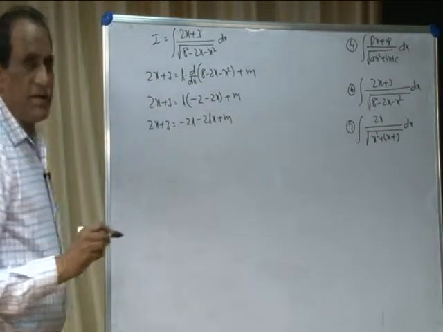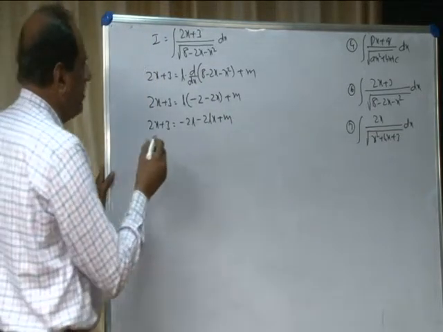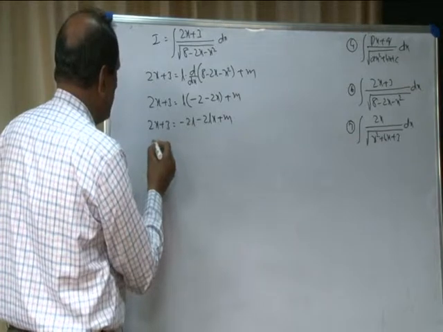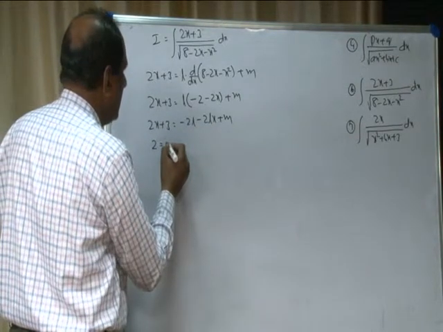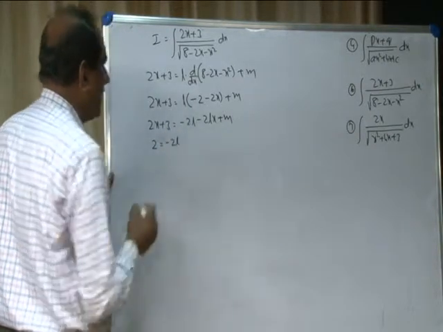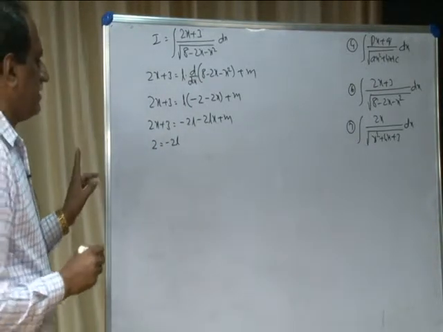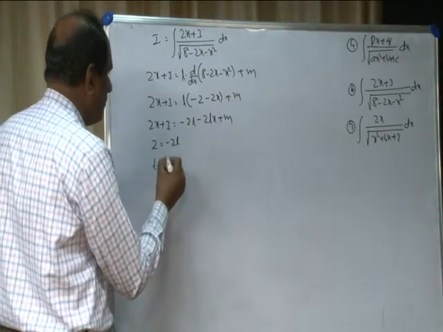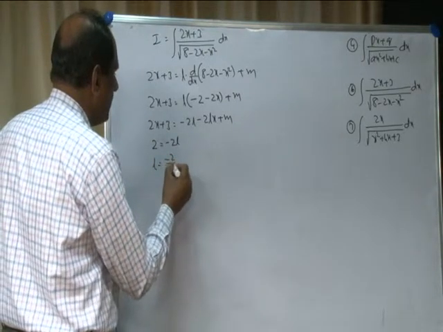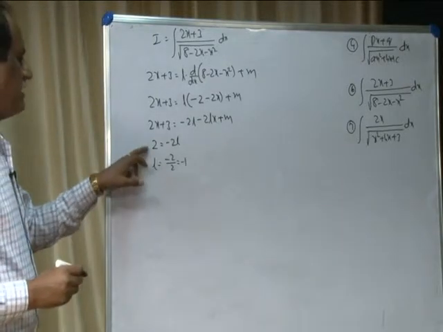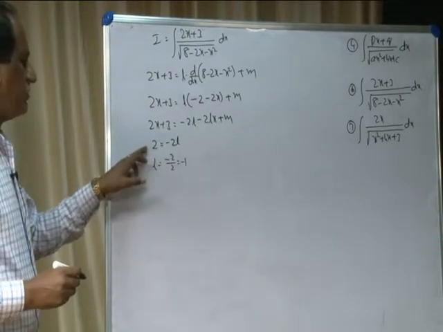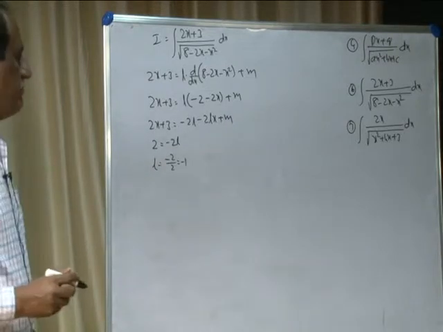Now compare the coefficients of x. Coefficient of x on the LHS is 2, on the RHS it is minus 2L. So minus 2L is equal to 2, 2L is equal to minus 2, L is equal to minus 1.